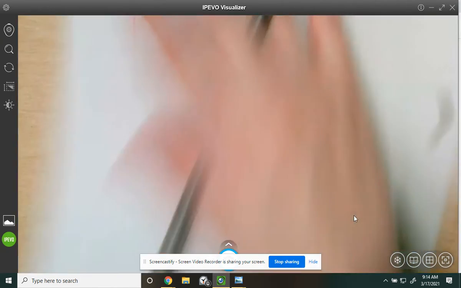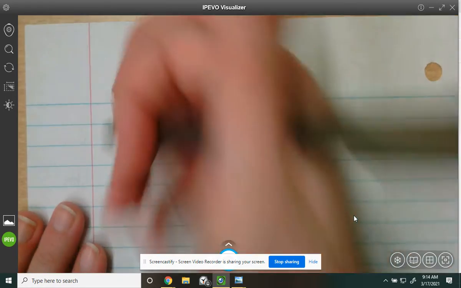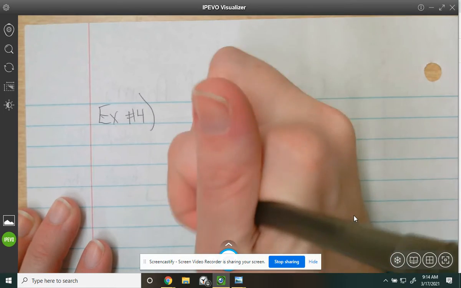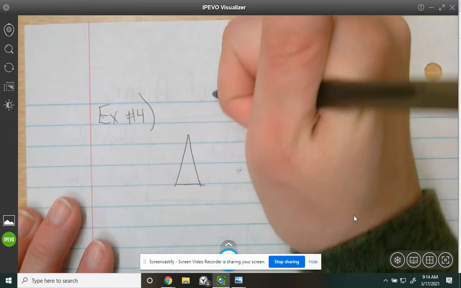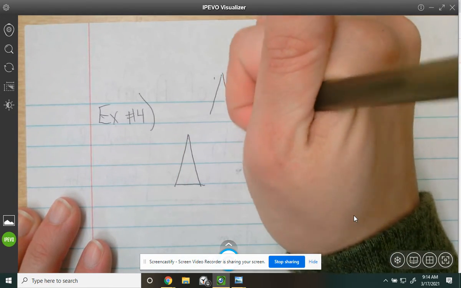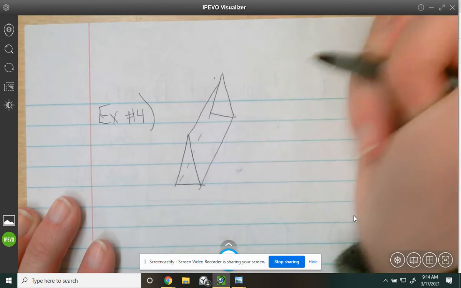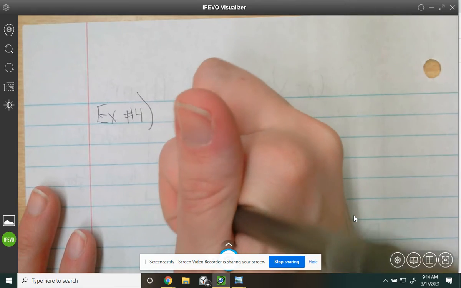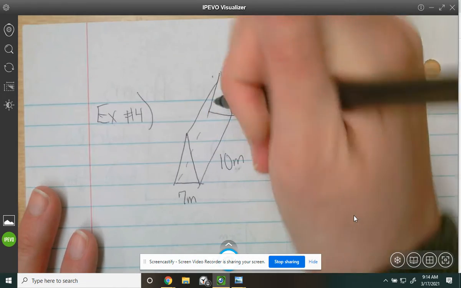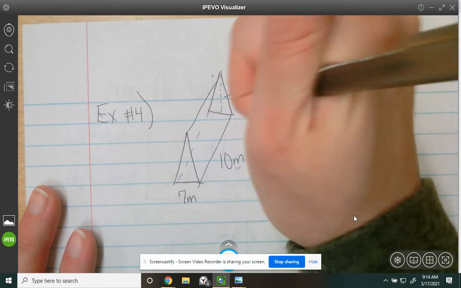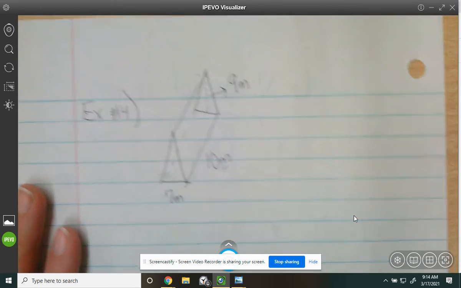All right, and then example 4, last one. I want you to try this one on your own. I'll do a triangular prism like this. Maybe it's not going to look very good. 7 meters, 10 meters, and we have to have the height of our triangle, so that'd be 9 meters.